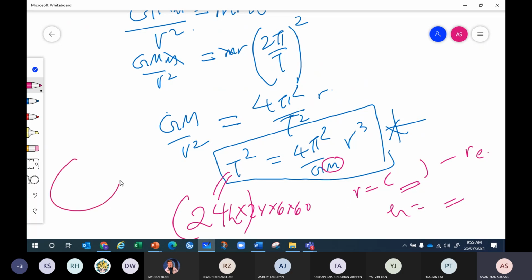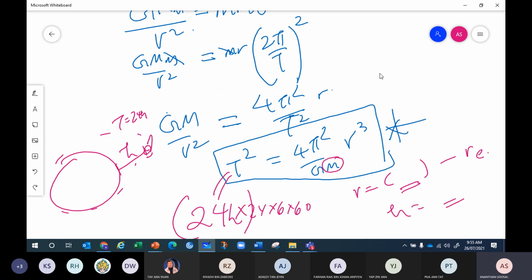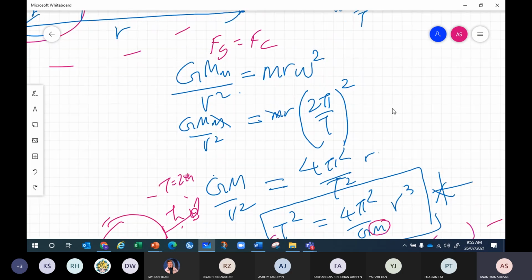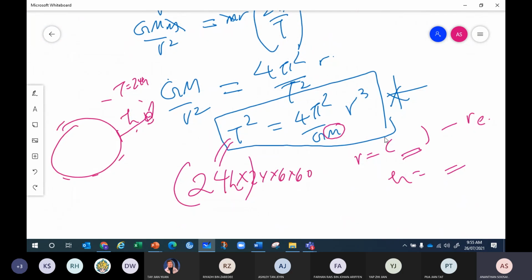So for this Earth, from the surface at height h, if they launch the satellite, it will eventually have a period of 24 hours. This is only correct if GMm over r squared is correct. If Newton gave the correct formula, this should be the final outcome.